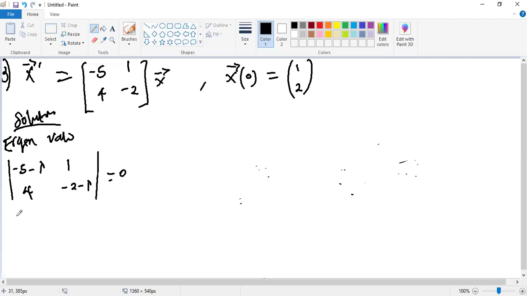Let's evaluate: (-5 minus lambda)(-2 minus lambda) minus 4 is equal to 0. Solving this, what is my lambda 1 and what is my lambda 2? If you do this somewhere very fast on the side, what eigenvalues do you get when you solve that question? Let's do it very fast to save on space, and then we get our eigenvectors here as well.